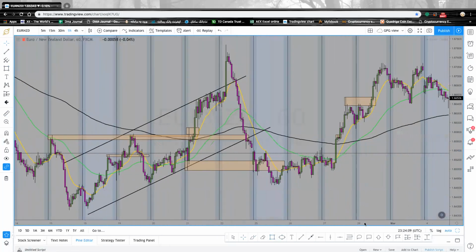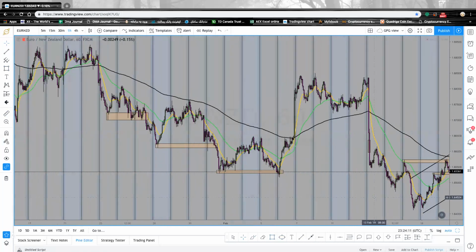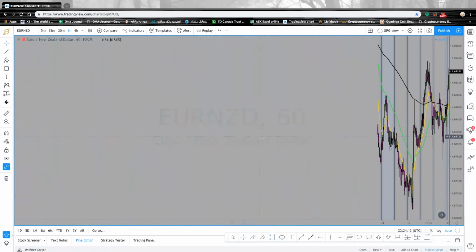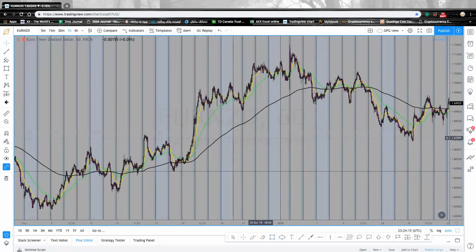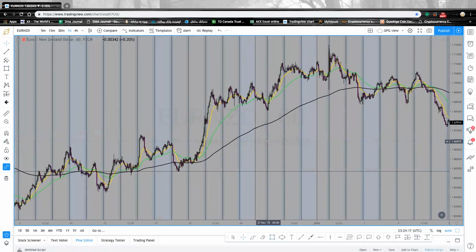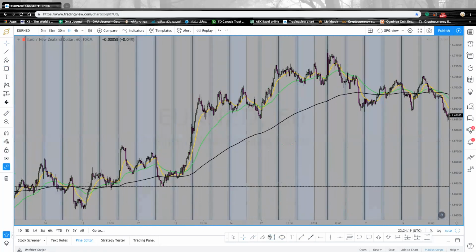Again, if this is confusing you, leave it alone. Don't worry about it. I'm just trying to teach you all the things I know. Wick, fill. Wick, fill. Wick, fill.